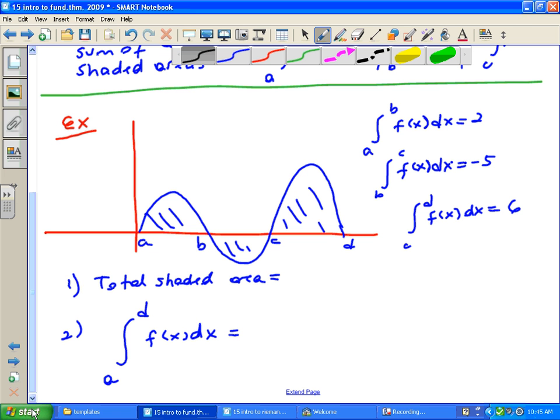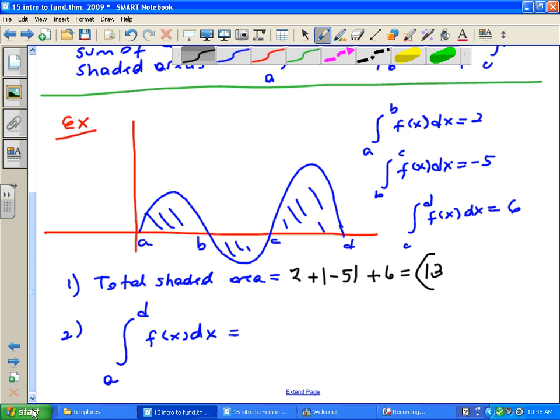So what will it be? What will be the total shaded area? So there you add the absolute values, right? So 2 plus absolute value of -5 plus 6. So you are correct in that regard. So here it should be 2 plus absolute value of -5 plus 6.